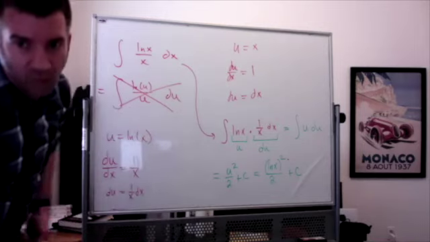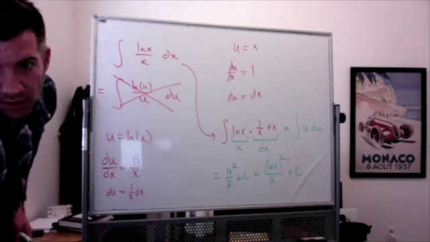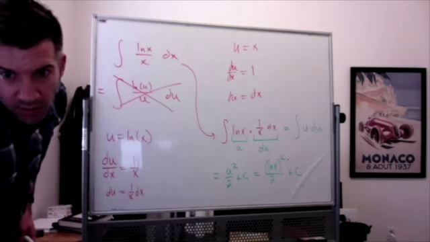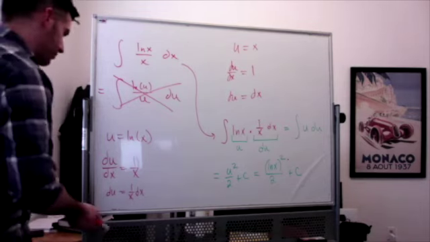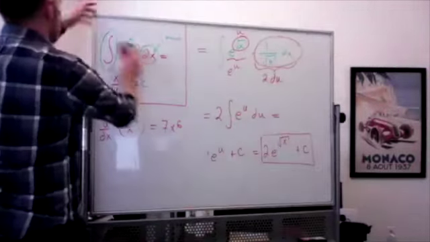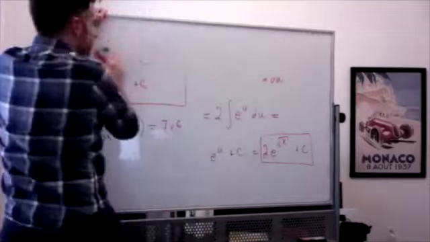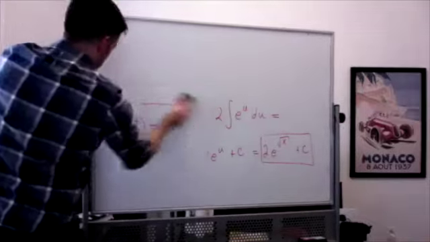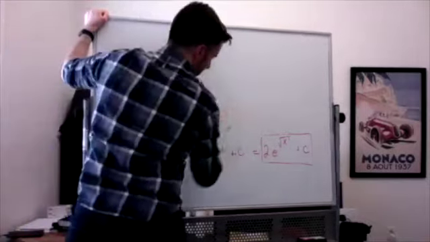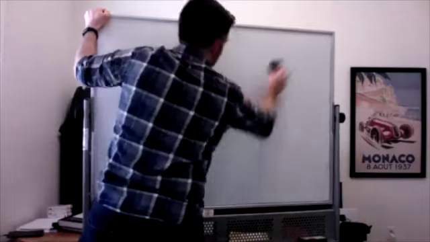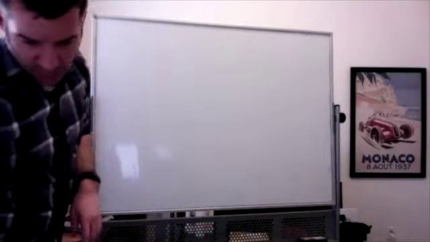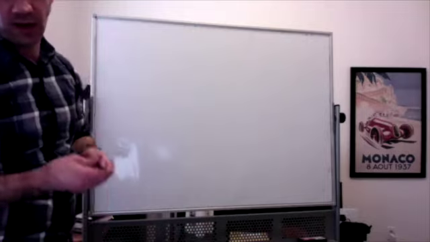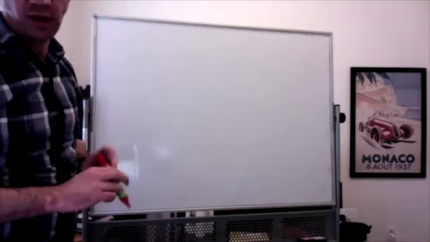Sure. Let me do one more of these, and then we'll do some definite ones. Here are a couple of examples that really bring home the idea of needing to pick a u so that the derivative shows up.